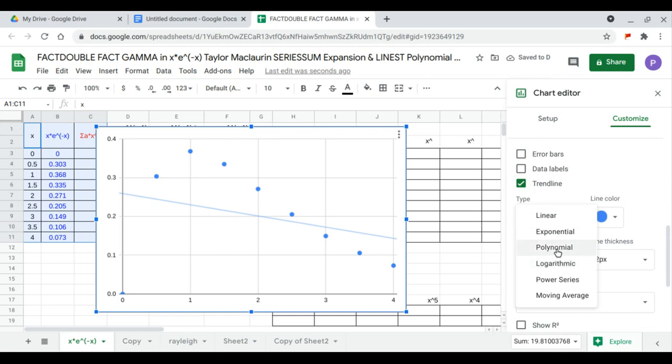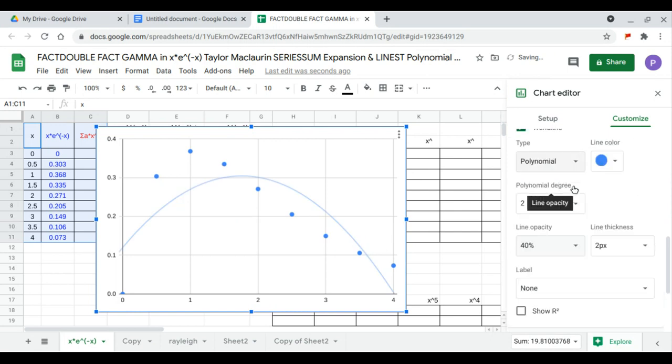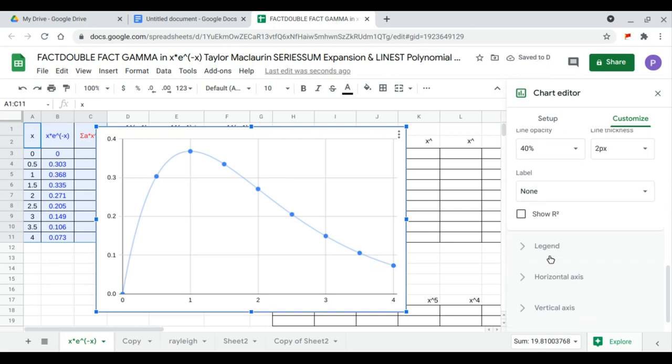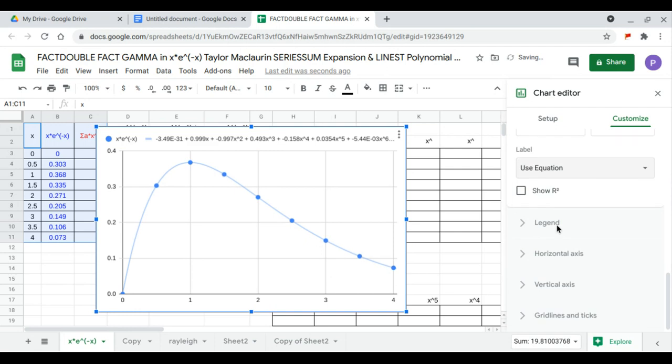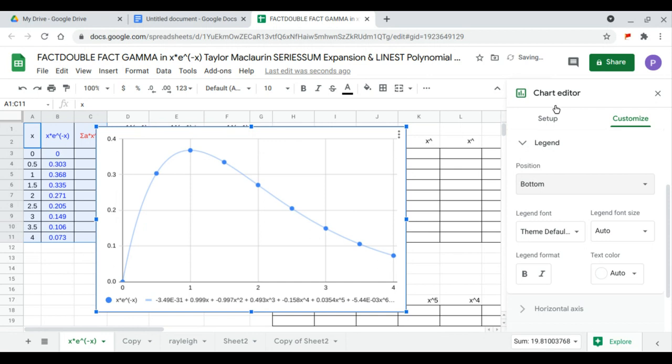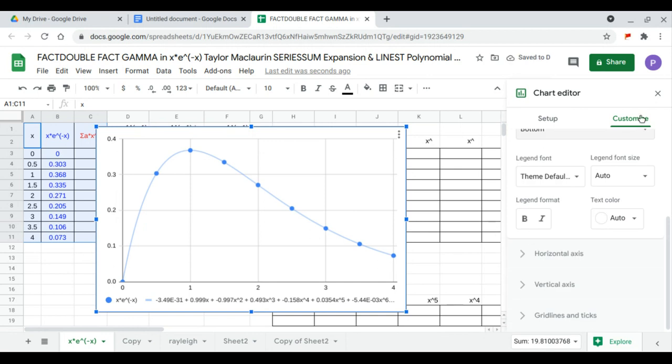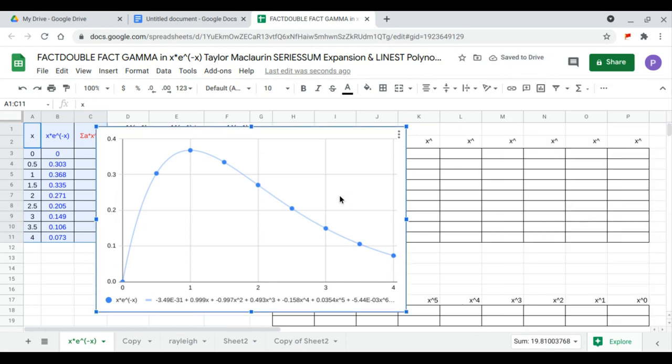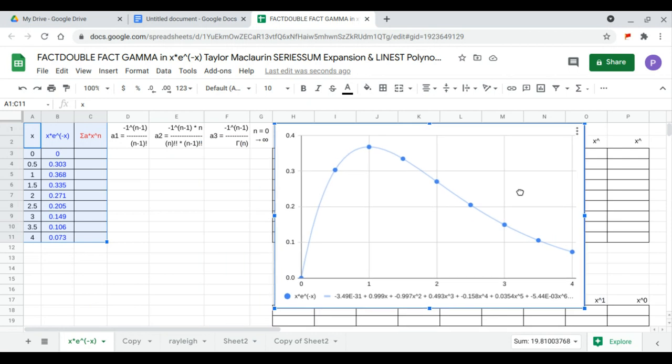Polynomial to the 8th degree. And use the equation as header. And the legend position at the bottom. So here's our trend line and the polynomial of the trend line to the 8th degree.